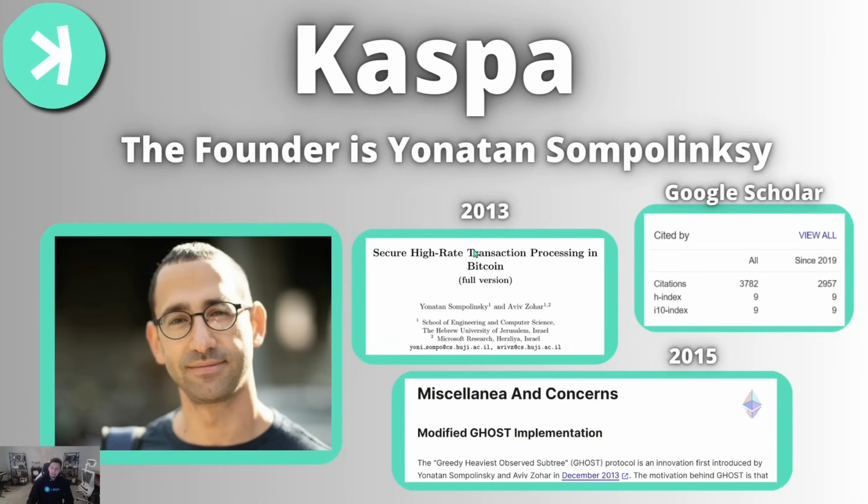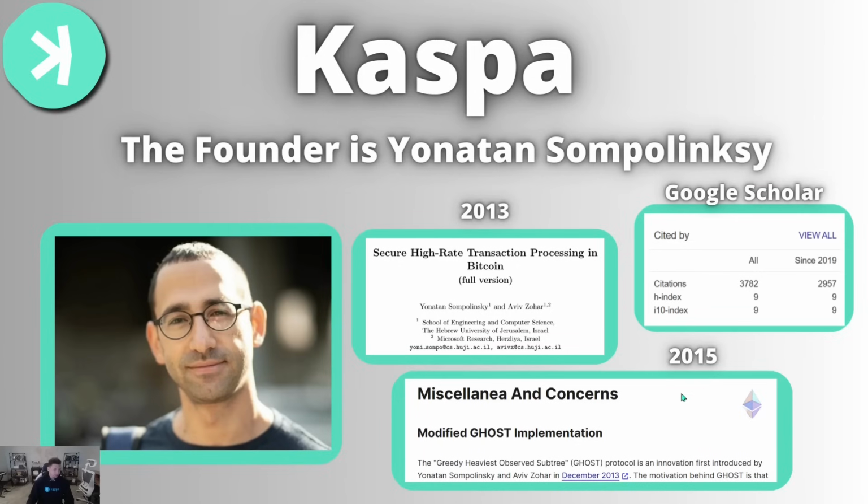In 2013, Jonathan Samplaninski, the founder of Kaspa, is mentioned in one of the first Bitcoin research papers. Jonathan was known for wanting to improve Bitcoin's protocol. And over the years, he continuously made new protocols to improve the technology that Bitcoin started.